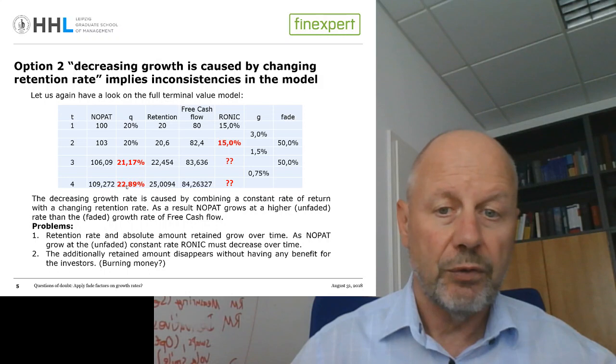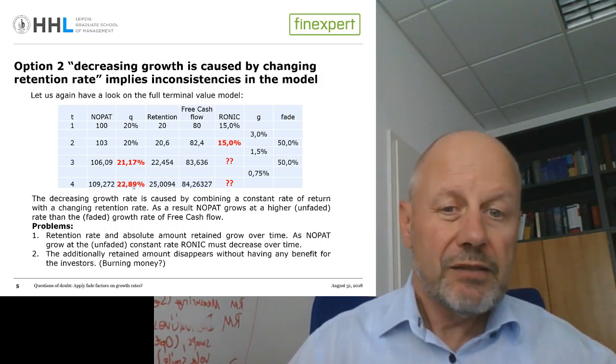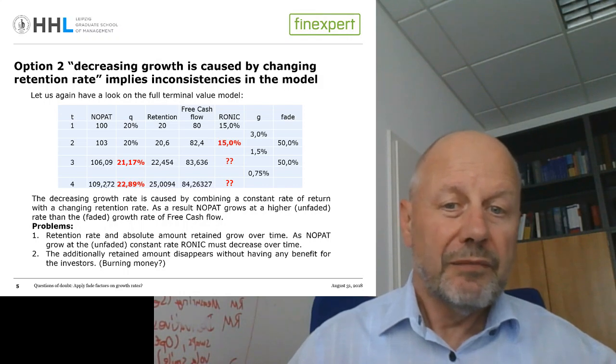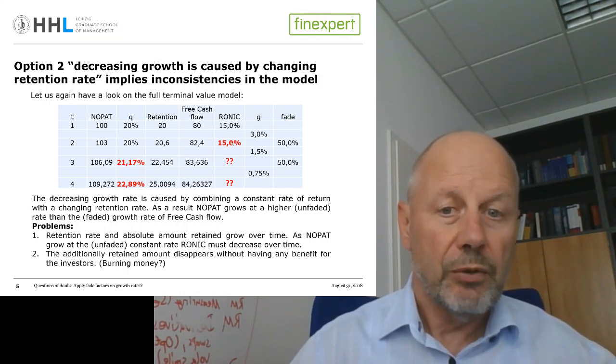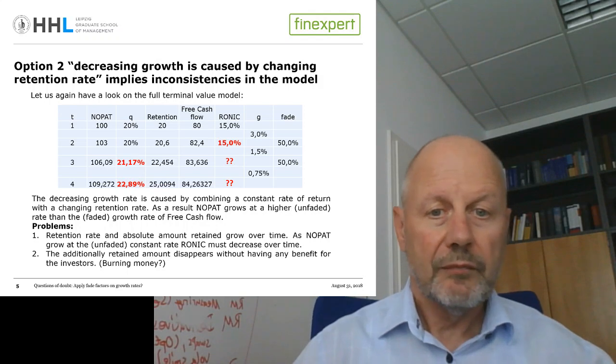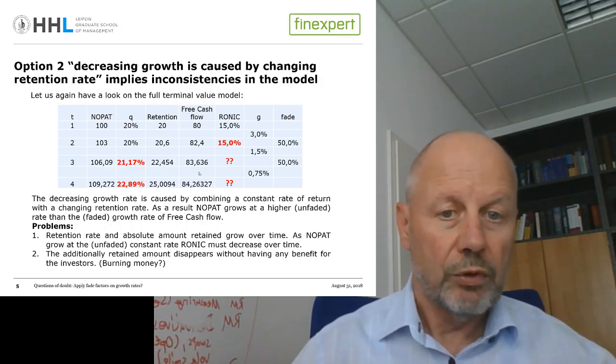Here it increases further to 22.89. And that yields the result that the money is somehow disappearing. So in that sense, we still earn 15% and our NOPAT is growing at 3%, but due to some miracle, our free cash flow is just growing at lower and lower rates.